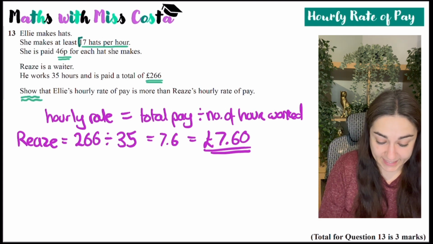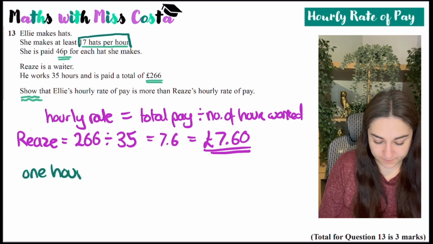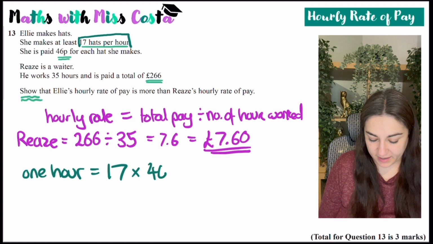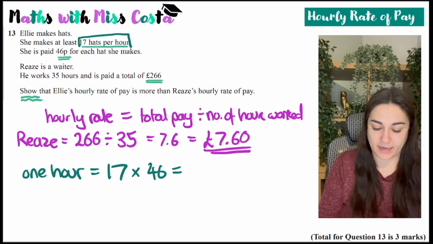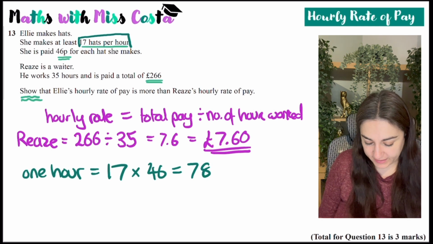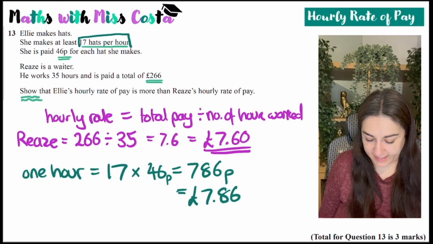If she makes at least 17 hats per hour, that means in 1 hour she's going to get paid for those 17 hats, and she gets paid 46 pence for each of them. So 17 times 46 is going to tell me how much money she makes in an hour. That's 782 pence, because I'm still working in pence. To turn it back into pounds is £7.82.